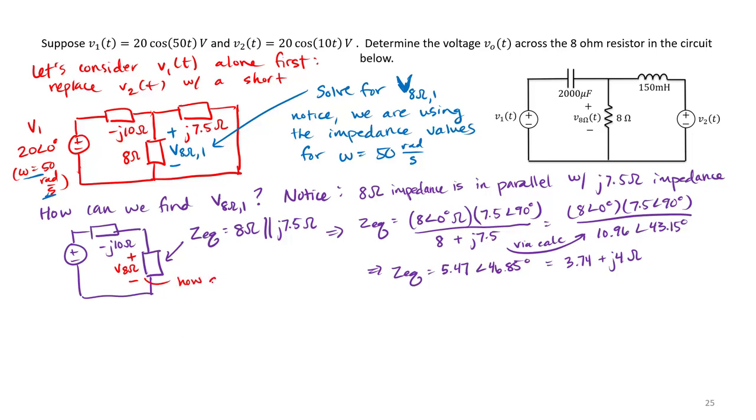So how do we get this? Now that we know our Z equivalent impedance, we can use Kirchhoff's voltage law or voltage division. Let's go ahead and try voltage division.